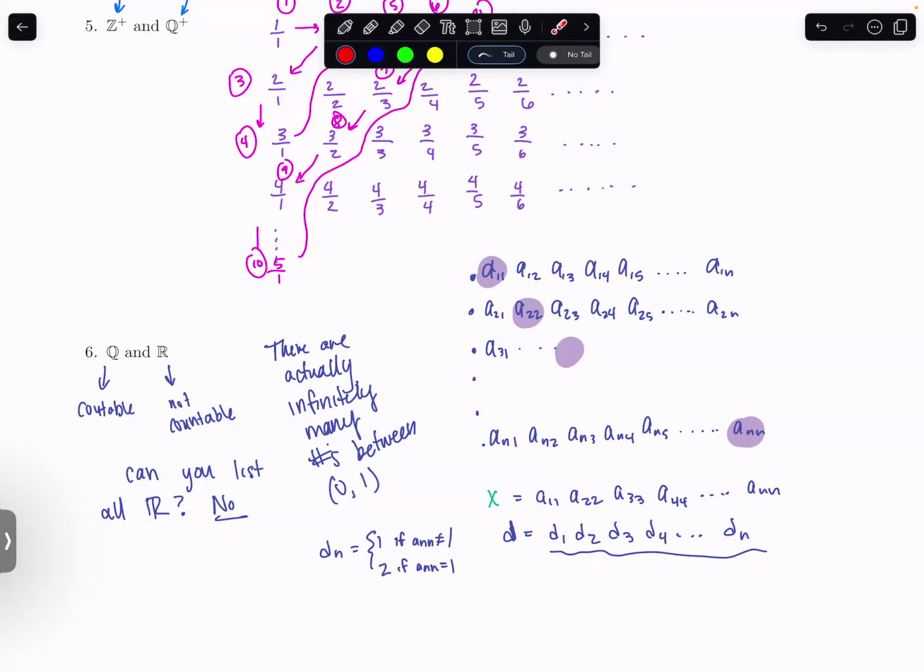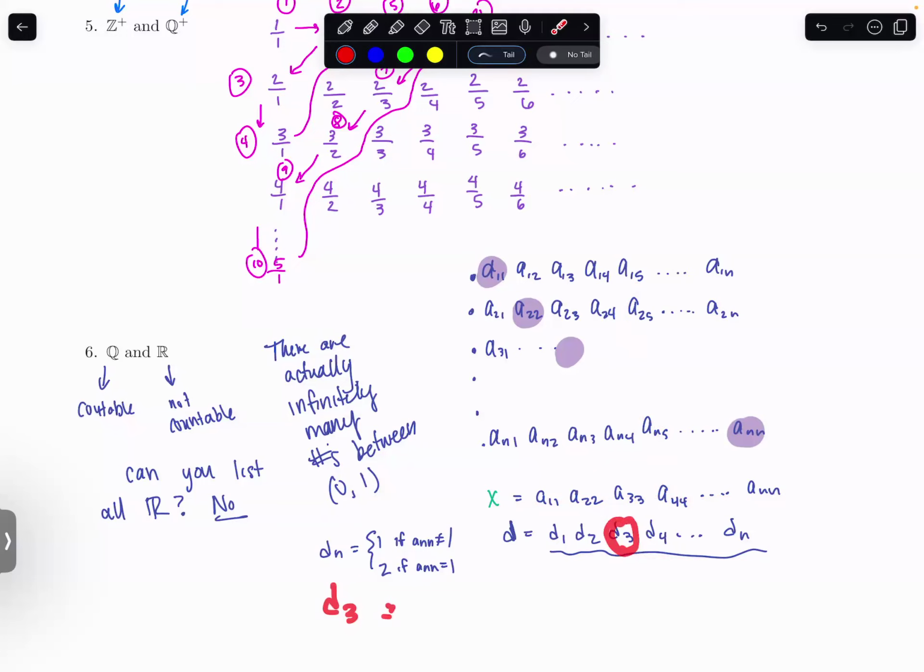So this number D is going to be different in at least one spot from anything in the list because we have changed that entry. So if we're looking at D3, right? If it was 1, we're changing it to 2. If it wasn't 1, we're changing it to 1.